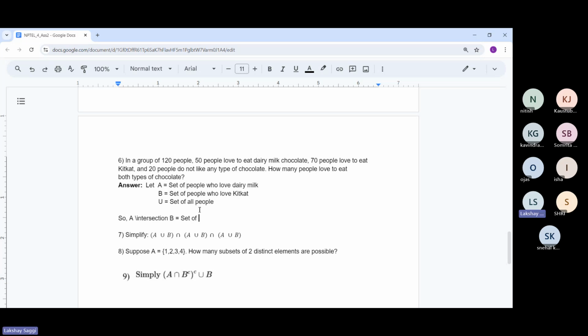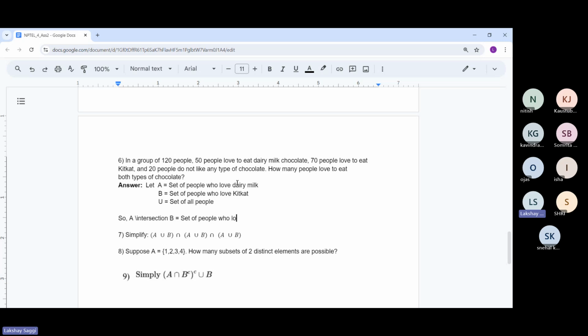Does this set A intersection B also denote some kind of people? Like A was a set of people who love dairy milk, B was a set of people who love Kit Kat. So this set will actually be a set of people.